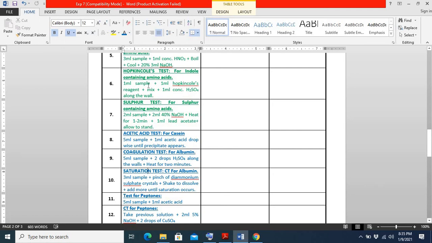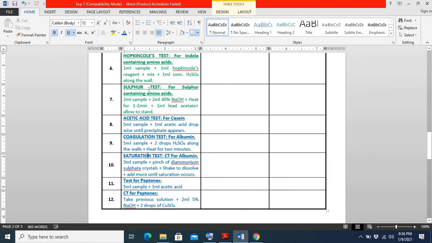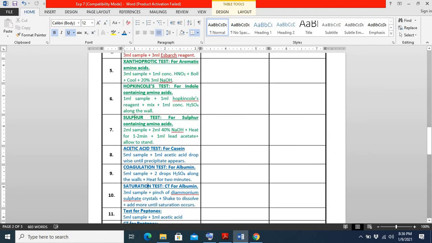If this test is negative, then we will perform the sulfur test. So we have to perform all three tests, whether or not our sample contains the amino acid, for example aromatic, indole, or sulfur, because certainly one of the classes of amino acid will be found in our sample.